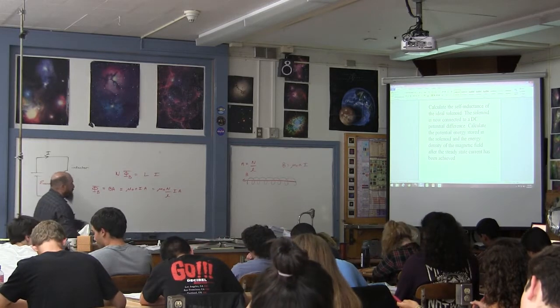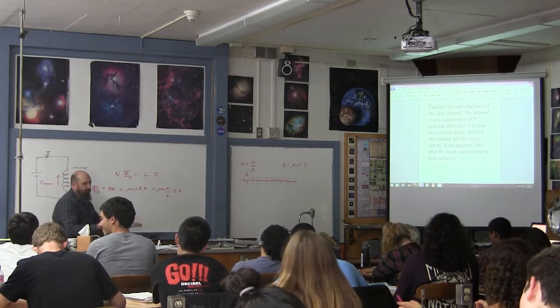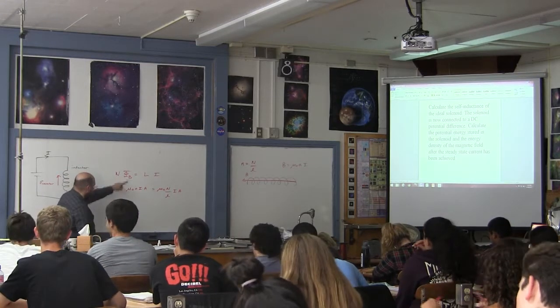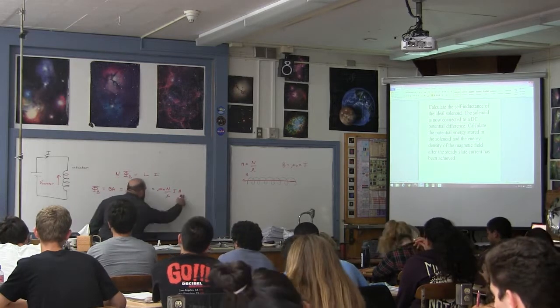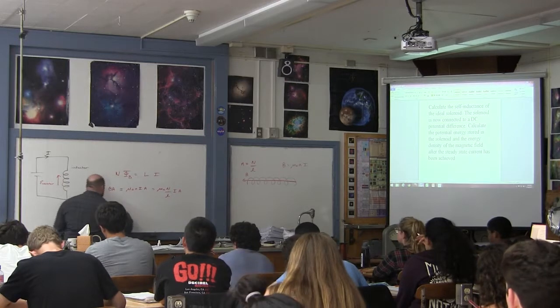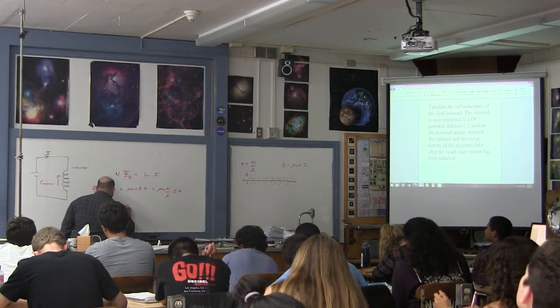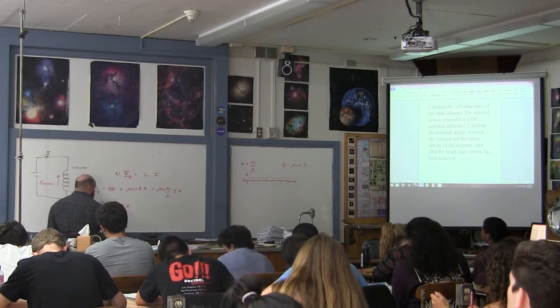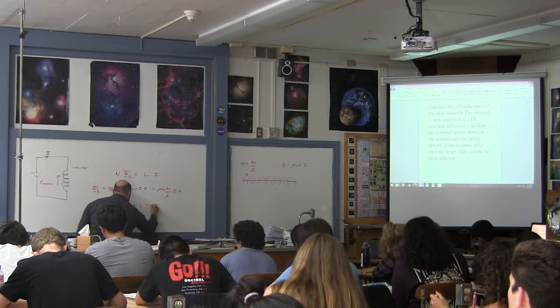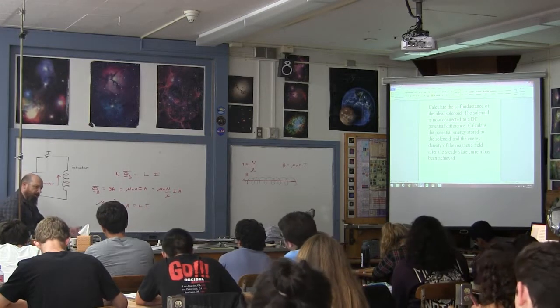Now we just stick that into here and solve for L. That's all that we do. So we stick it in here, and it's this times another N, so you get an N squared. You have to be a little bit careful when you do this. Equals L times I. So you notice that the current I cancels out.